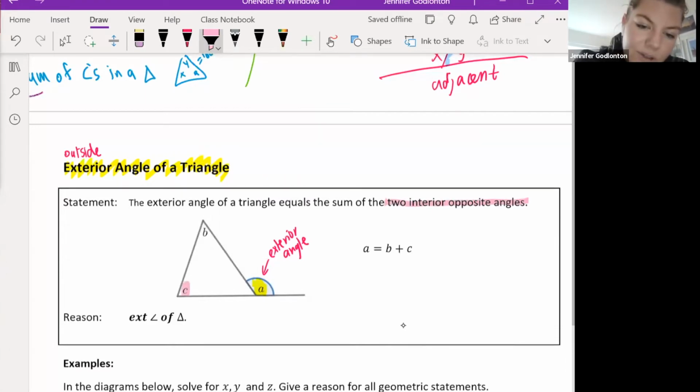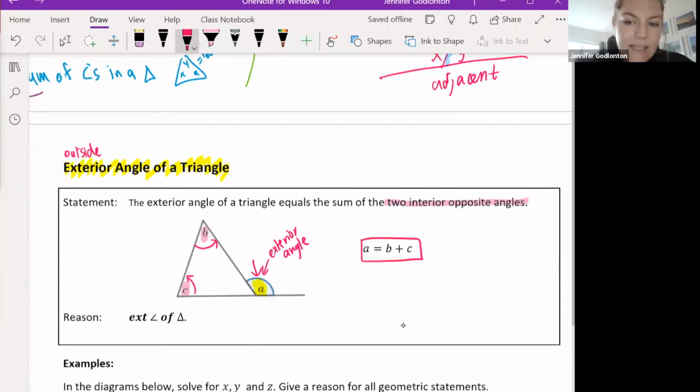These are my two opposites, so not this one, not the one right next to it, the opposite ones, and they are inside. So this angle plus this angle equals my exterior angle, which is what's written over here. So A is equal to B plus C. And the reason that we write is exterior angle of triangle. So this is our brand new rule that we're going to learn about today.